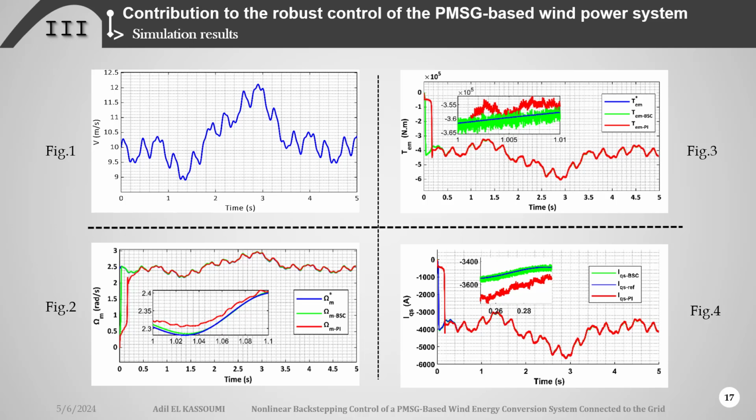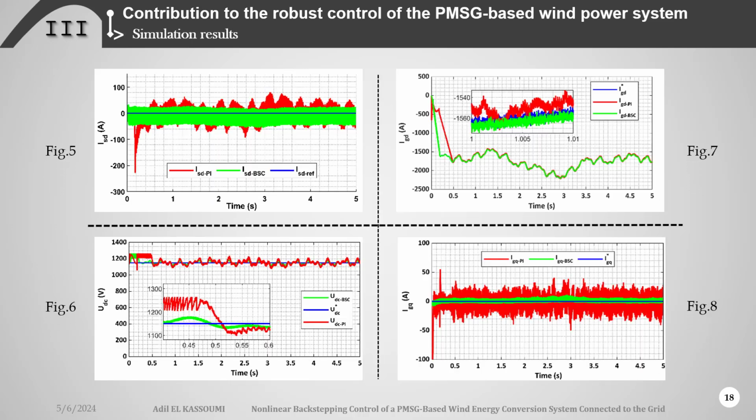According to this figure, the backstepping controller is able to follow the references with higher precision compared to a PI controller. This means that the backstepping controller extracts more power. The quadrature stator current in Figure 4 is proportional to the electromagnetic torque.